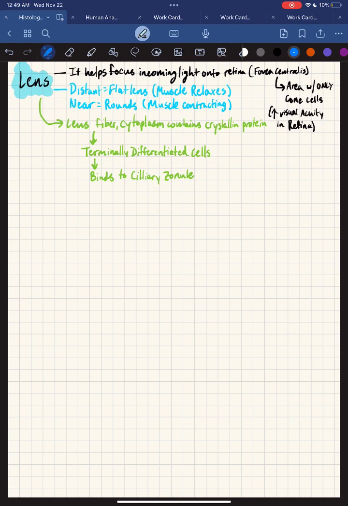So starting from the lens side, we'll say to lens, we're going to start off, and this is the retina, by the way. Let me just label that. We're going to start off with the inner limiting layer.